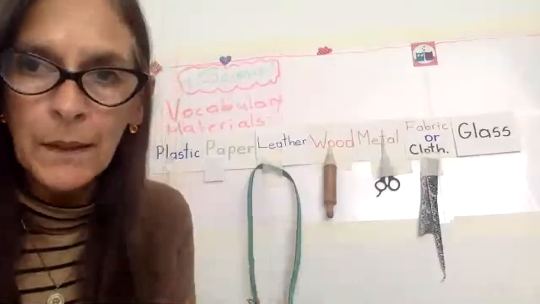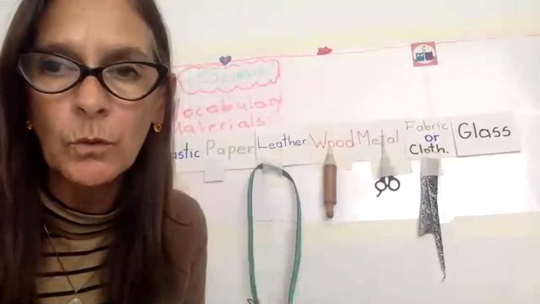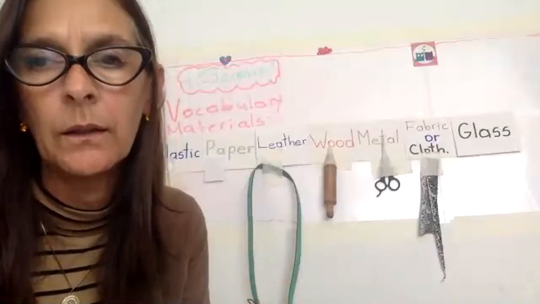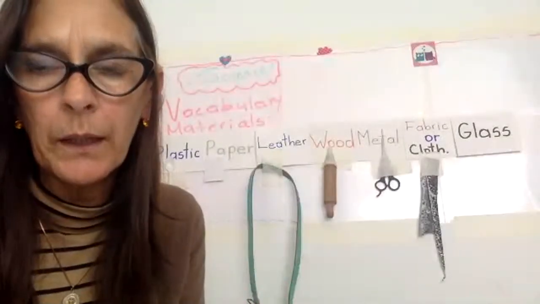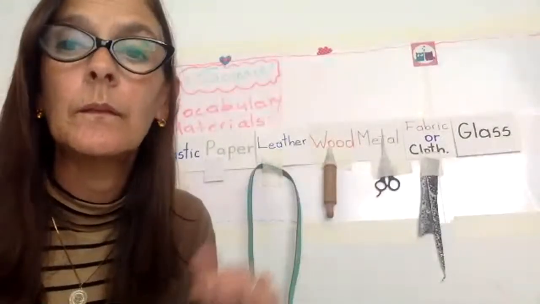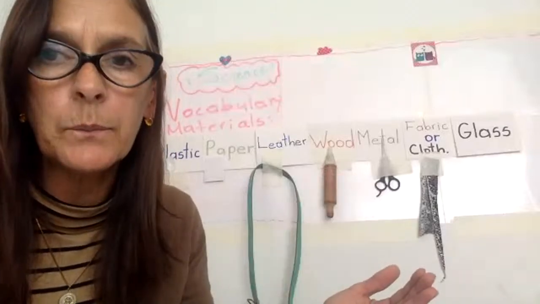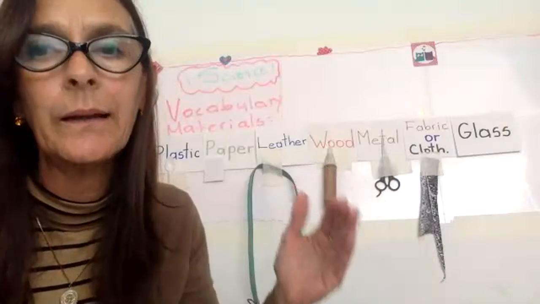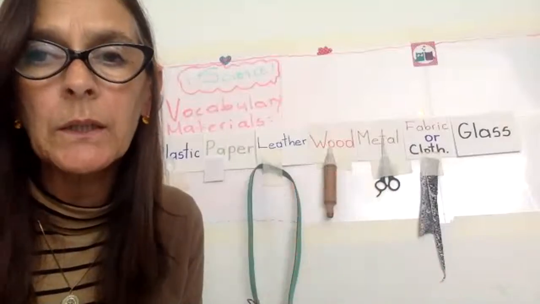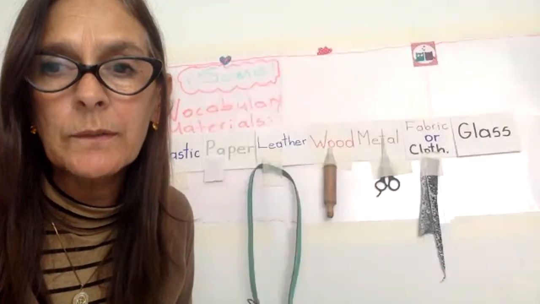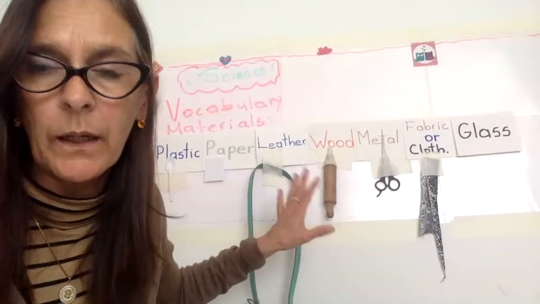So I want you to go and pick up your science notebook, that is science, math. Find the last page that you worked on, then go to the next page, and the words that I just named, that I gave you.